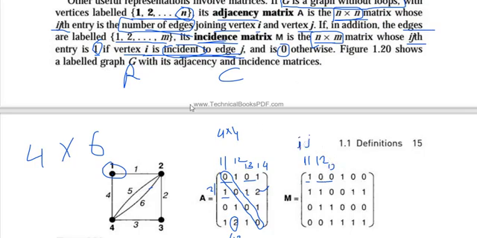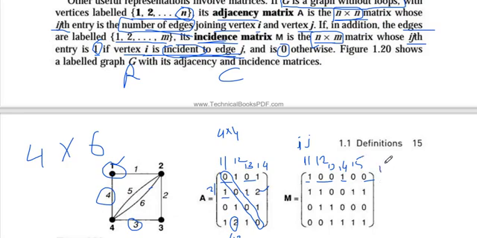You have to take i as the vertex and j as the edge. Edge 3 is not connected, so it's 0. Then again first row, fourth column: vertex 1, edge 4. This is connected, so it's 1. Then 1 and 5 is 0, not connected, and 1 and 6 is also 0.